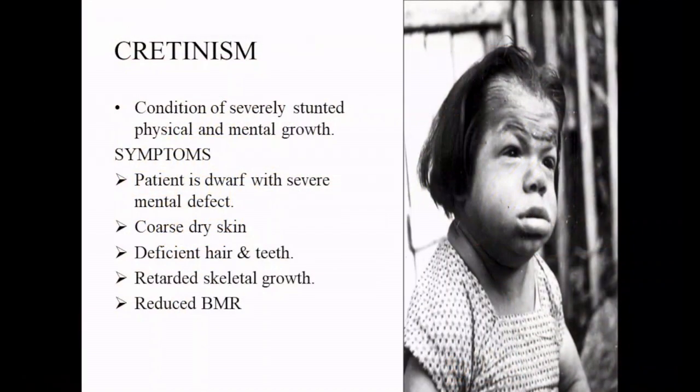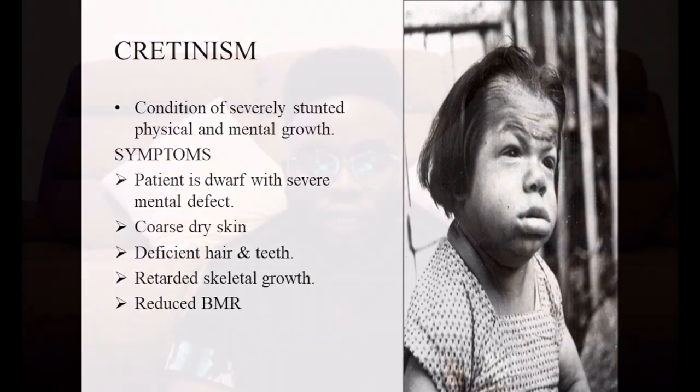That is basal metabolic rate. As you can see on the diagram, that's an example of a patient with cretinism. They present with dwarfism, with a bit of deficient hair on the forehead and teeth as well. So that's all about cretinism.